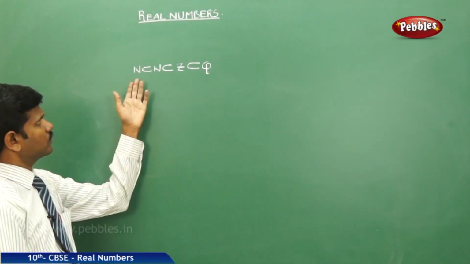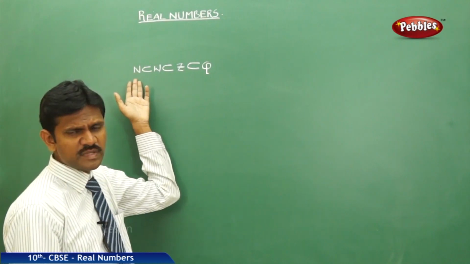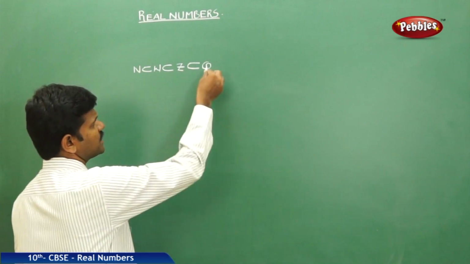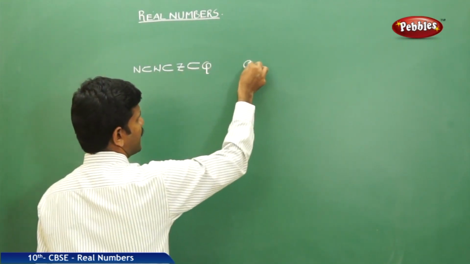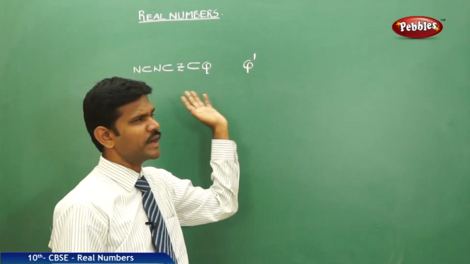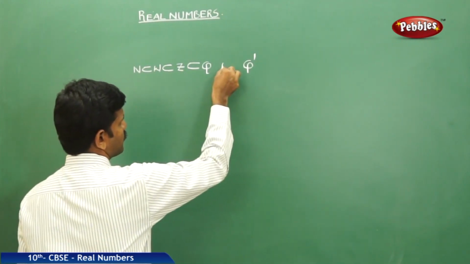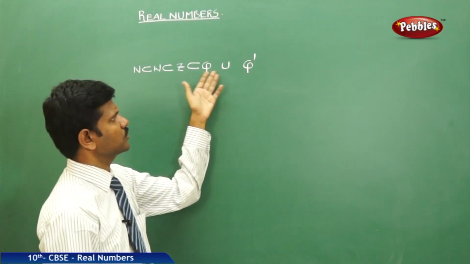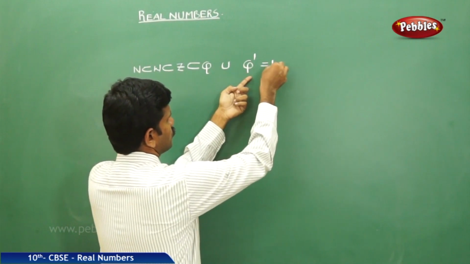In the number system, the smallest set is the natural numbers and the biggest in this group is the rationals. Now, Q dash is separate from this. That means Q and Q dash are quite different from each other. If you combine these two, that is rational numbers union irrational numbers, it gives you the real numbers.